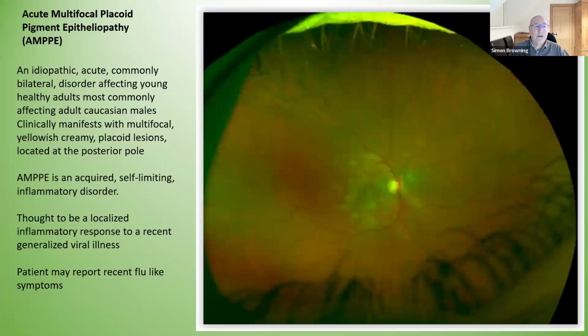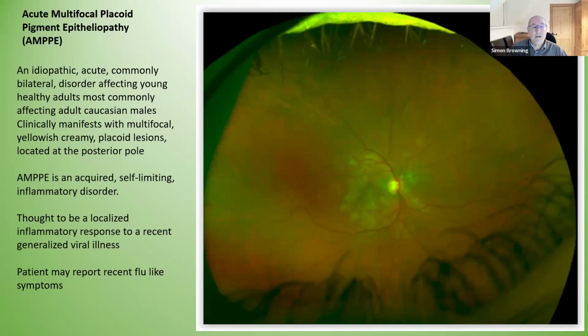Here's another one that, although quite central, could almost be confused with microcysts again. This is a multifocal placoid pigment epitheliopathy. There's a cracking name for you there, AMPPE. Again, it's a disorder affecting young healthy adults.